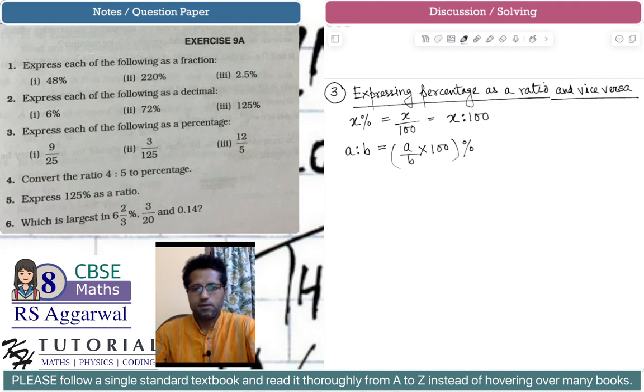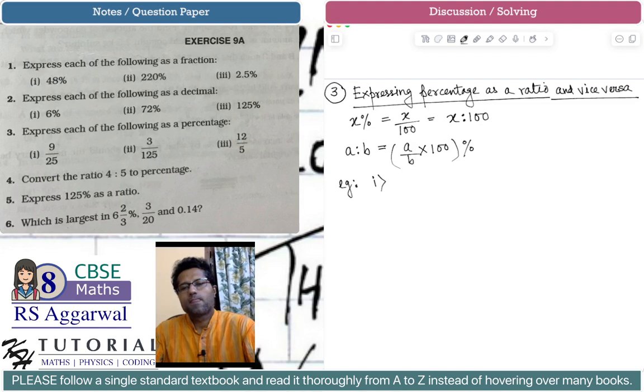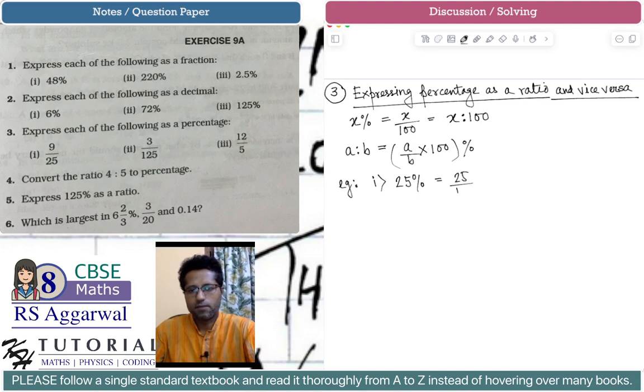Let's take an example. If we want to express 25% as a ratio, first we convert the percentage to a fraction, so it becomes 25 by 100. From this fraction, if possible, we reduce it to its simplest form.